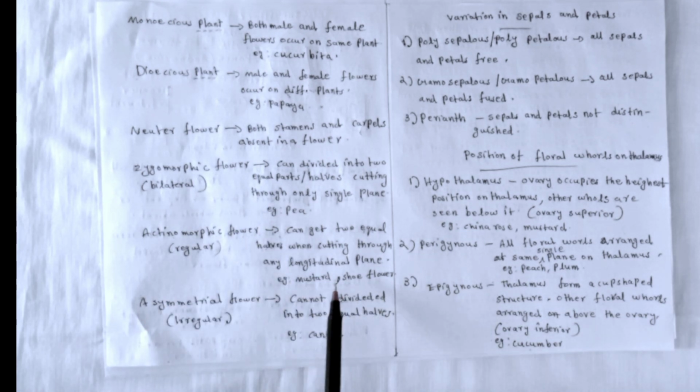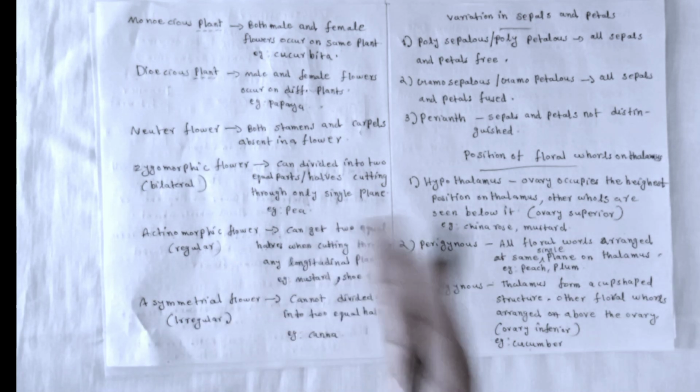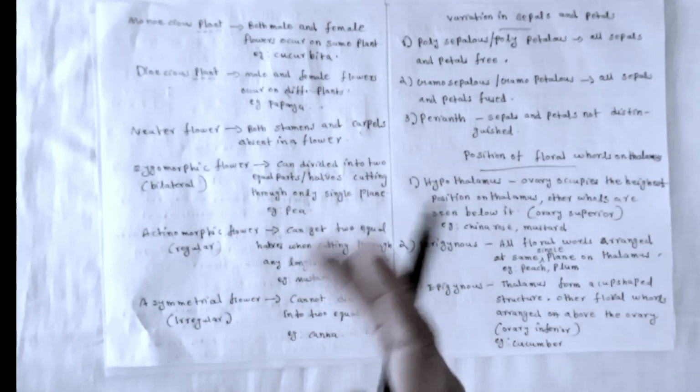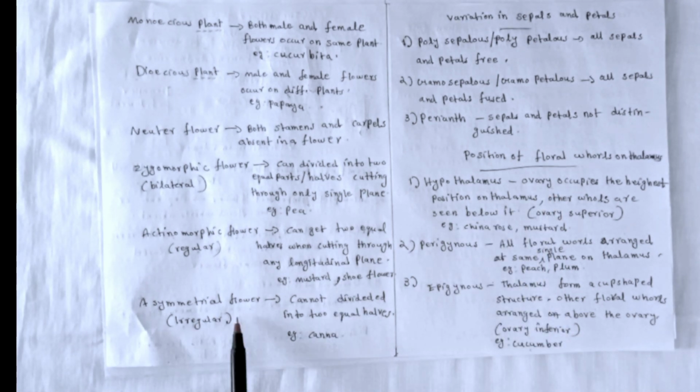Example, shoe flower and mustard. We can get 2 equal halves when cutting through any longitudinal plane. Next, asymmetrical flower or irregular flower. We cannot divide this flower into 2 equal halves at all. The flower is irregular in shape. Example, canna.